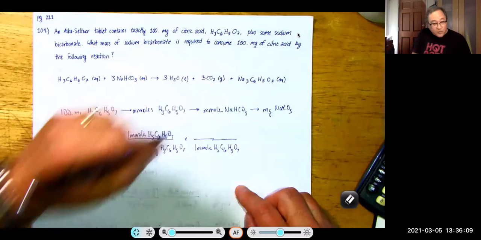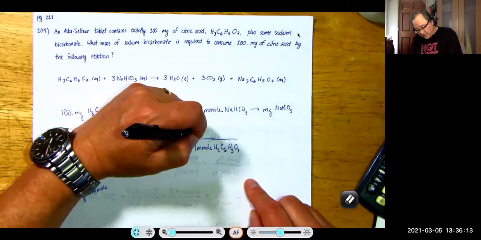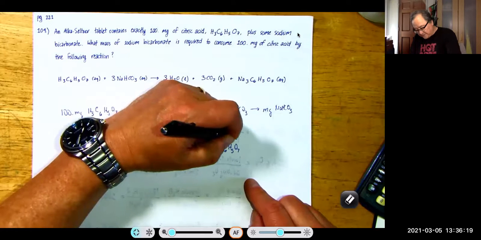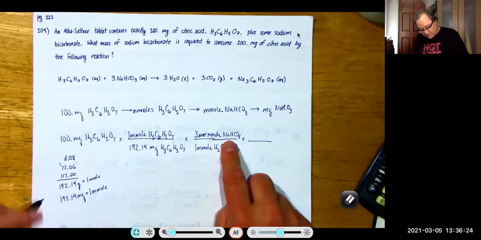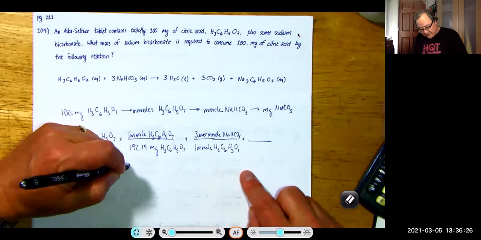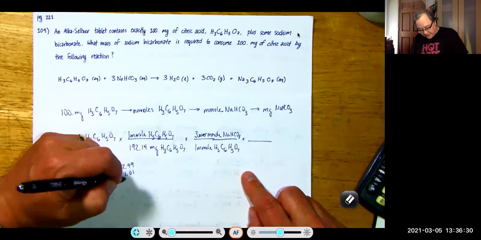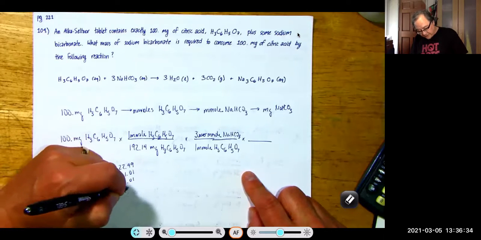And I have 3 millimoles of sodium bicarbonate. The molar mass of sodium bicarbonate is going to be 22.99 plus 1.01 plus 12.01 plus 48.00.